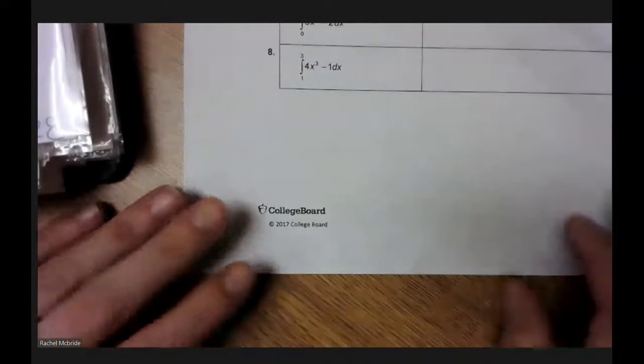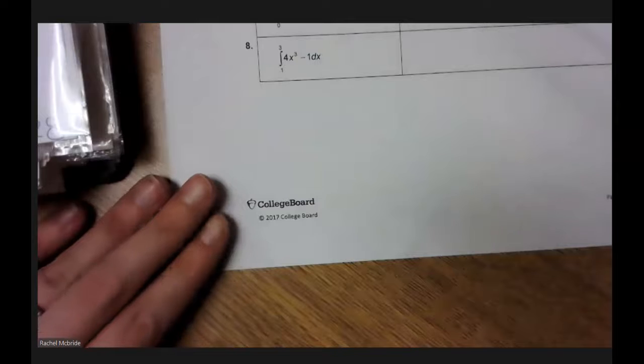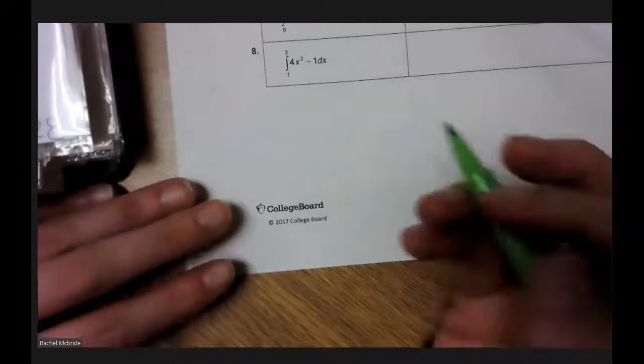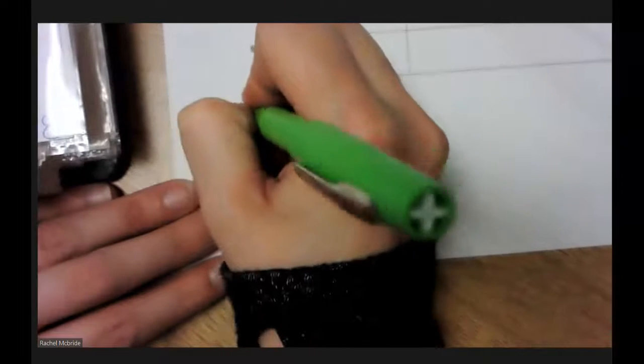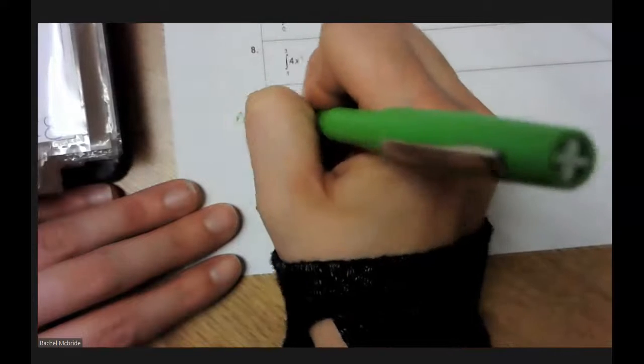Down in the bottom of that page, in the space left for you, let's first talk about the relationship of the Riemann sum equation and the integral equation. The delta x is equal to b minus a over n.